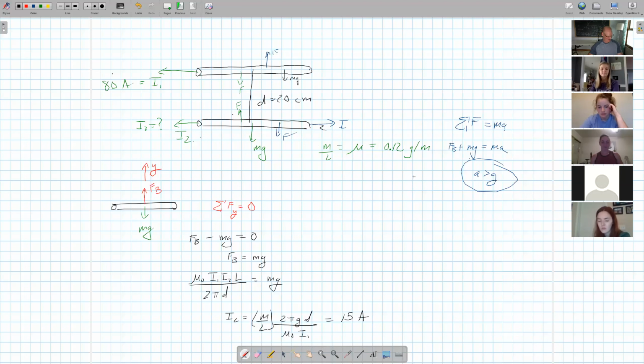Not too bad? Okay, we have one more example, but we're not going to have time to do that, so we'll do it tomorrow. It will involve more than two wires; we're going to look at something that involves four wires. Then we'll do another group exercise, and then we'll talk about solenoids. A solenoid is the magnetic equivalent of a parallel plate capacitor.